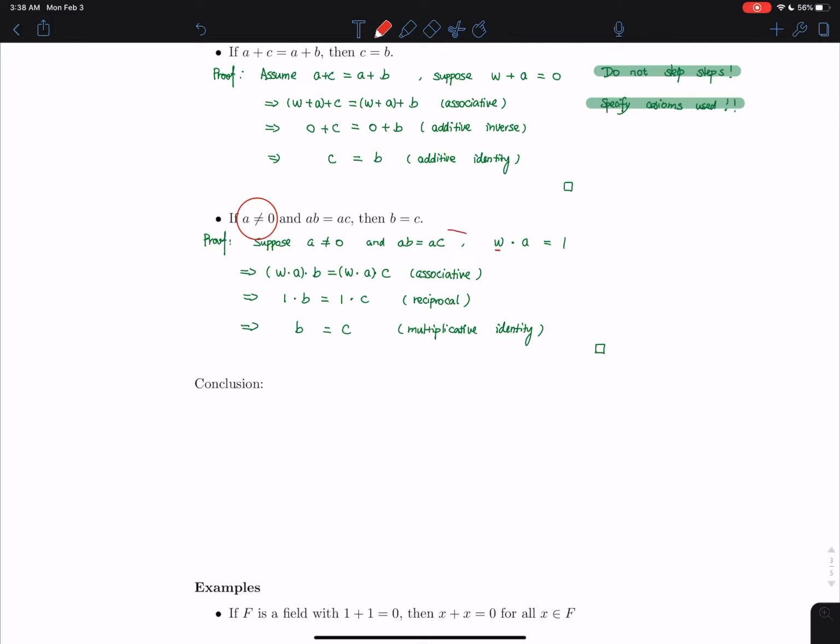Okay, let's add to it. Since A is non-zero, the reciprocal of A exists.